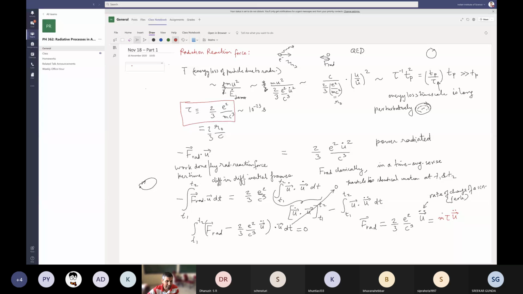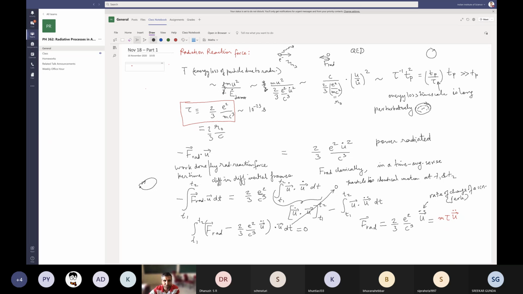So this is the radiation reaction force. And again, as I said, the interpretation is classical. This is not a rigorous calculation. A rigorous calculation would have to treat it quantum mechanically. It's quite complicated. But for our purposes, where we are treating radiation classically, this is fine.